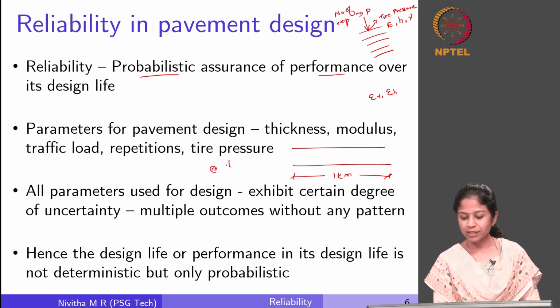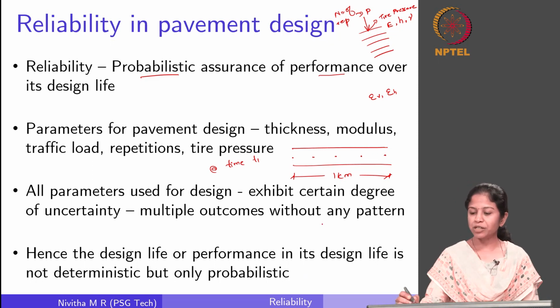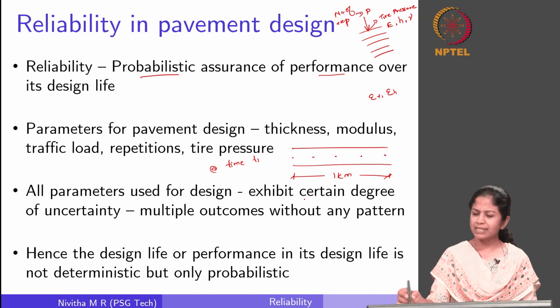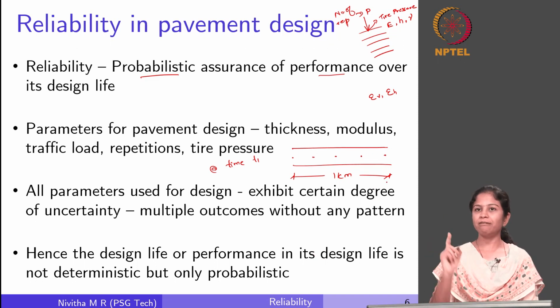So, at a given instance of time t1, let us say I am measuring all these parameters at some 5 points in this 1 kilometer stretch. So, I am going to measure all the input parameters, modulus, thickness. Let us say I am measuring Poisson's ratio also, and what is the load that is acting on the pavement for a given vehicle repetition, and what is the tire pressure. I am going to measure all these things at these 5 points for a given axle.